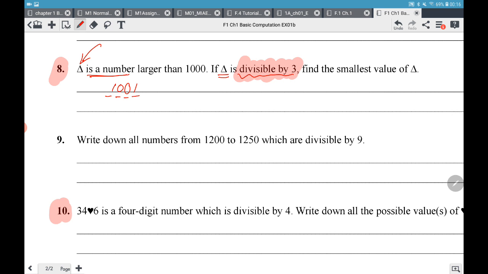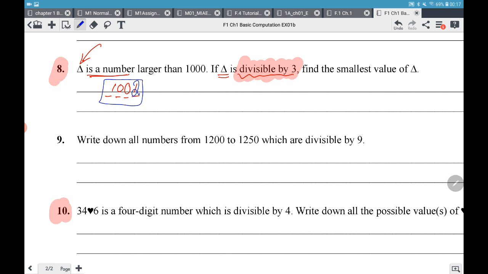So we better change the last digit into 2. Because 1 plus 0 plus 0 plus 2 is 3, and it is divisible by 3. Therefore, our answer should be 1002. So we just need to write down 1002 as our answer for question 8.